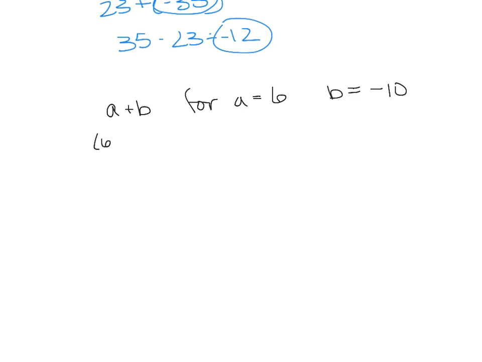So we have 6 plus negative 10. We have a positive 6 and a negative 10, so we have different signs, so we're going to find the difference. So we have 10 minus 6 equals 4. If we looked at both of those numbers just as positive numbers, 10 is bigger and 10 has a negative sign, so it's negative 4.